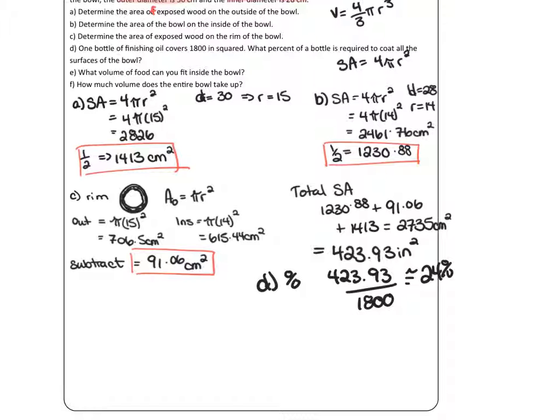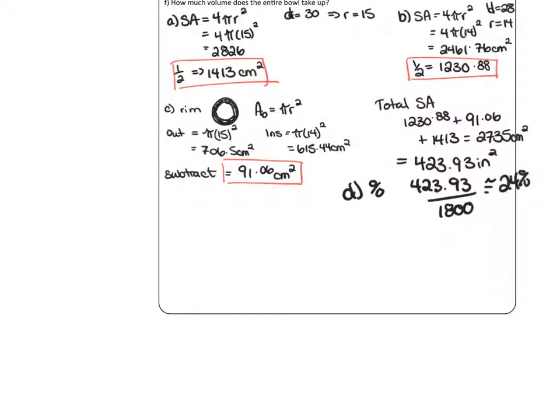What volume of food can you fit inside the bowl? So in this case, okay, the last thing we're going to do is find the volume of the inside of the bowl and then the volume of the outside of the bowl. So the inside, remember we're only doing half a sphere, so we're going to divide the answer by 2 at the end. So 4/3 pi r cubed, and our radius for this was 14.